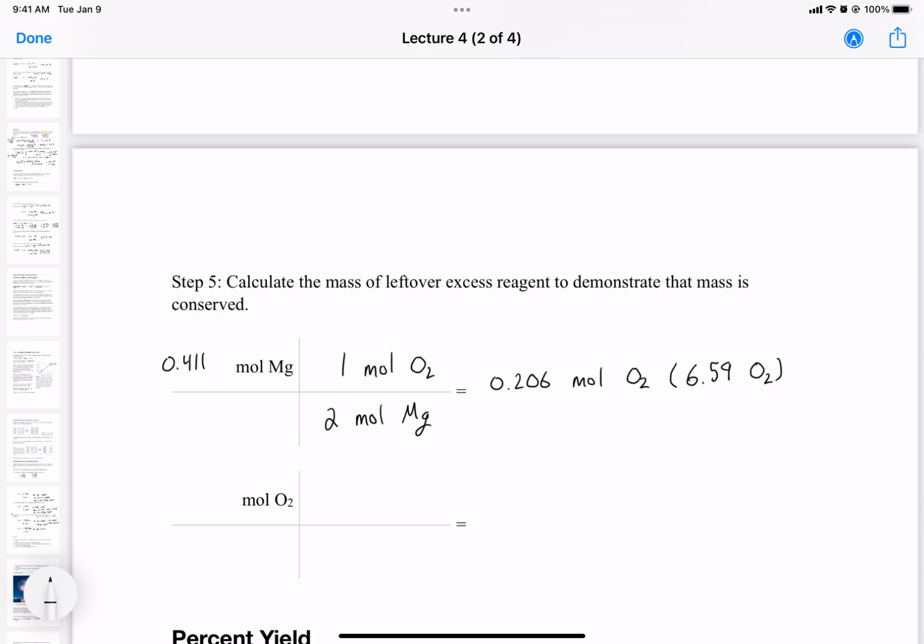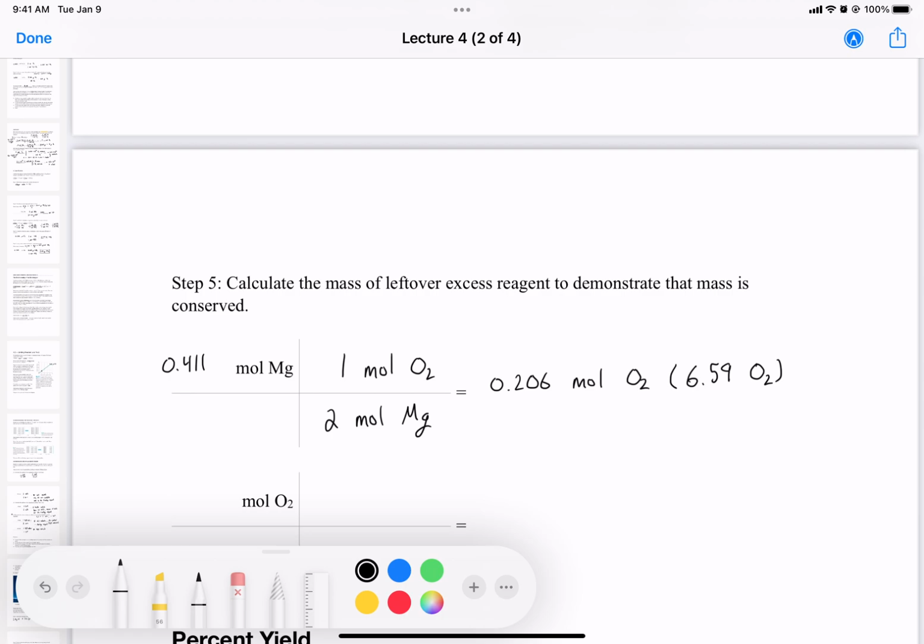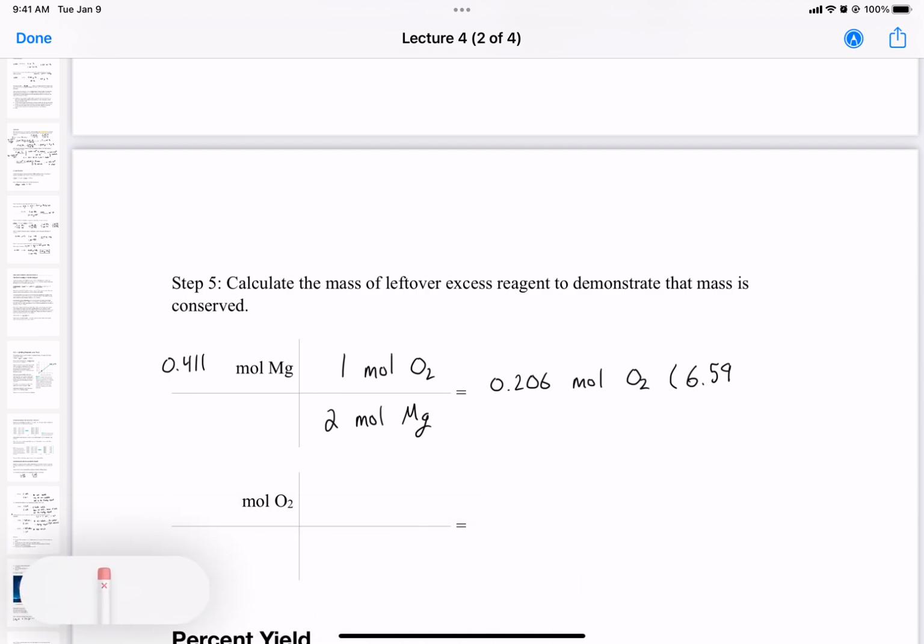Let's just double check that here: 0.206 times 32, the molar mass of oxygen. So we get 6.59 grams. Let me just rewrite that a little bit. Sorry. There we go. Okay.